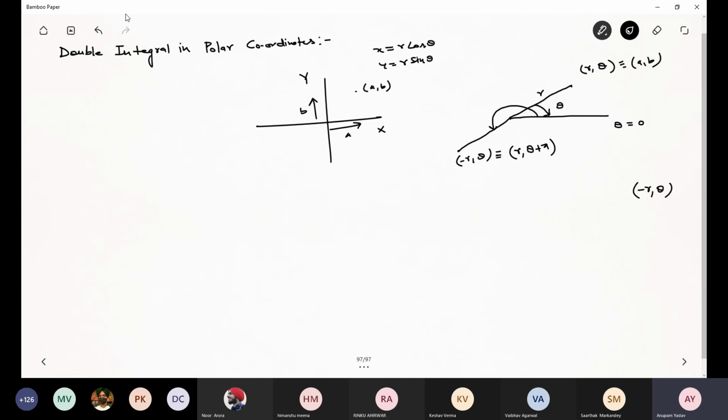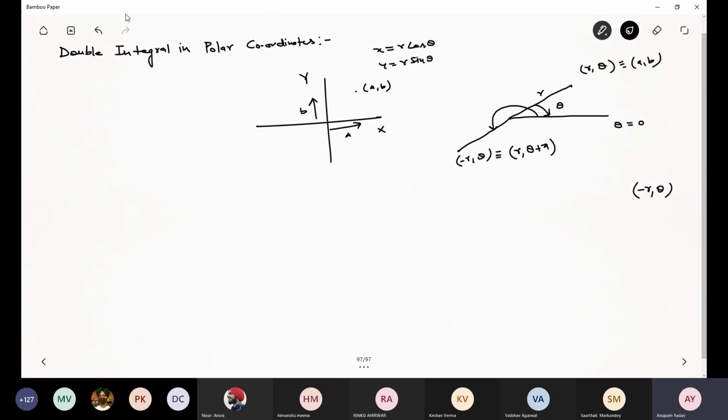So whenever r is negative, simply add pi to the other component, theta, and it will represent the same point. This is the richness of the polar coordinate system: with a negative r, we can always treat it as positive by making this modification to the angle theta.